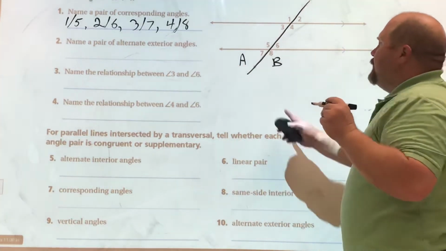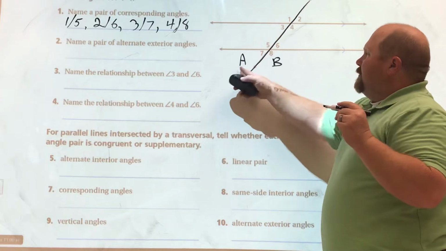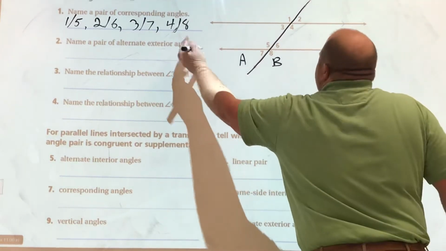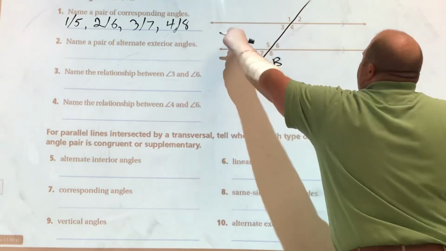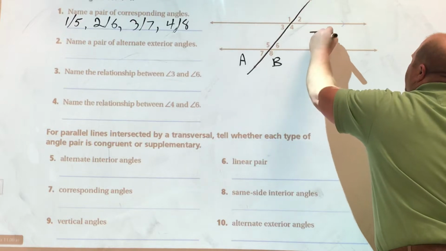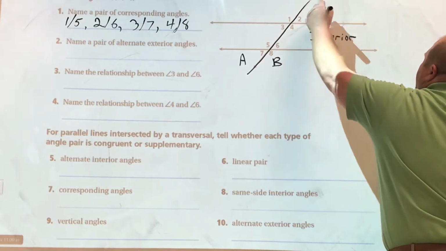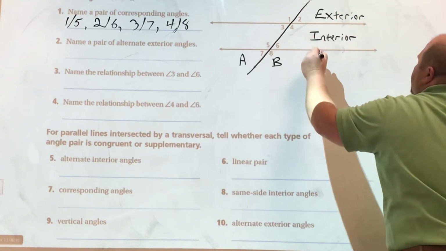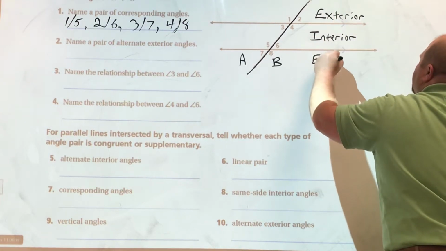If it says alternate, then the angles are going to have to be on opposite sides. The exterior refers to where the angles are according to the parallels. So anything in here would be interior. Anything outside of that would be the exterior. And you can think of this like a house.